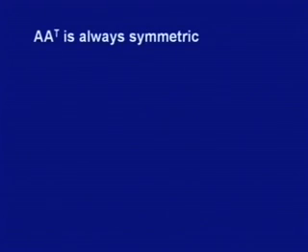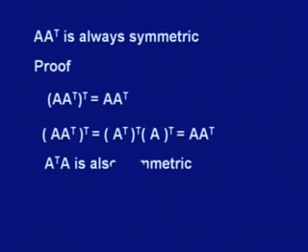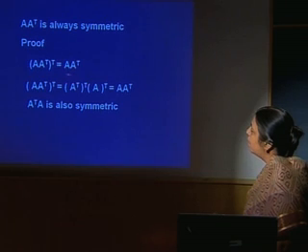Then one can prove that A multiplied by A transpose is always symmetric. To prove this, we start with the transpose of A A transpose, and if this comes out to be A A transpose, then we have proved the result. So, I start with A A transpose, whole transpose.